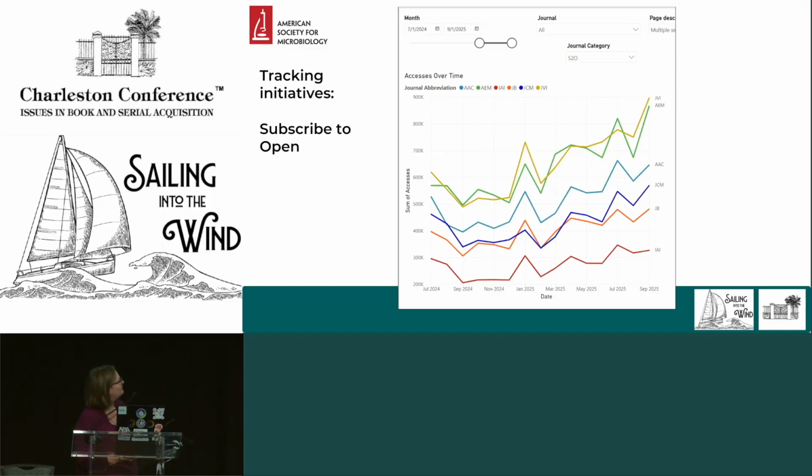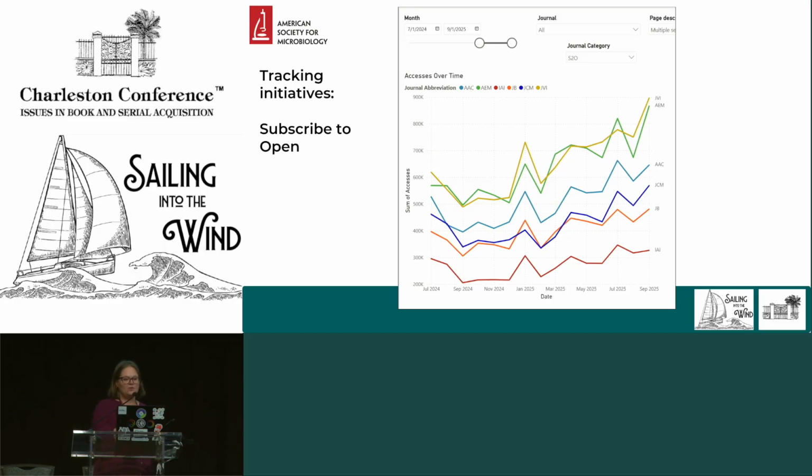Here I'm going to give some examples of what we're doing with Power BI. So this one shows we're tracking our subscribe to open journals fairly closely since this is a new program for us. So we want to look at the usage over time. Once the content became open in January, we're really tracking where the access is headed.